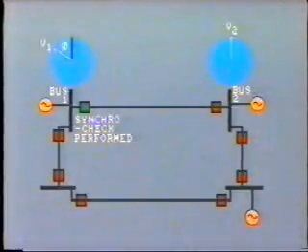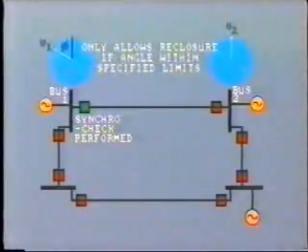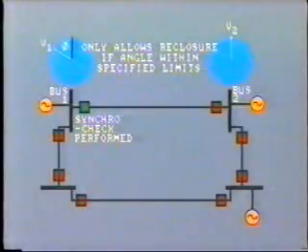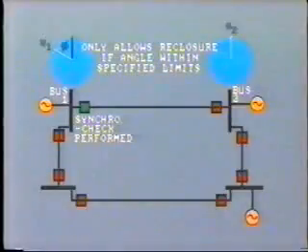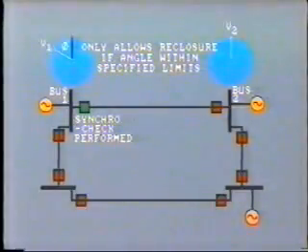This relay measures the phase angle of the voltages on either side of the breaker, and it will only allow reclosure if this angle is within a specified limit, say up to 40 or 60 degrees out on the system. Yet another way around this problem of reclosing into a large phase angle difference is to eliminate the second and subsequent reclosing attempts altogether.